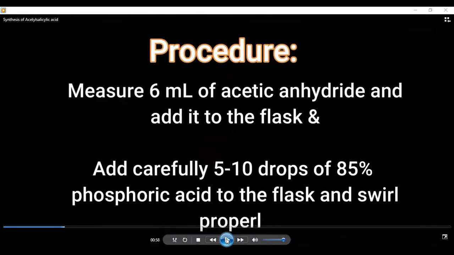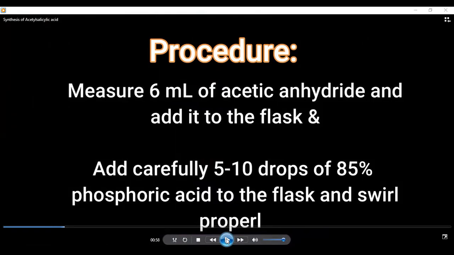Alright, for the first part of the procedure, we started with your salicylic acid, and then after that we added acids to the chemical of interest. We added acetic anhydride as well as phosphoric acid to the Erlenmeyer flask.